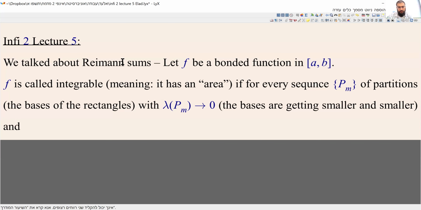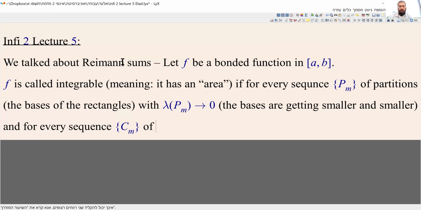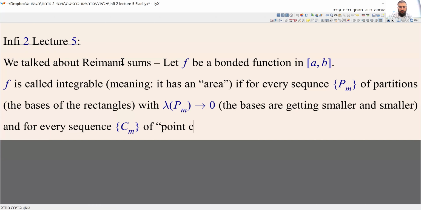And for every sequence CM, we called it point choosing, that represents the heights of the rectangles.